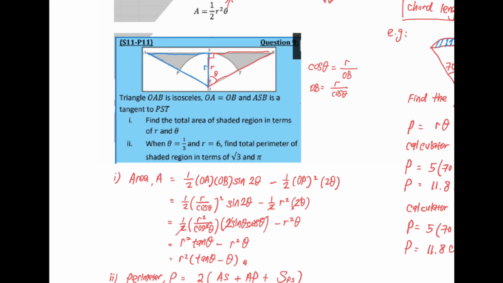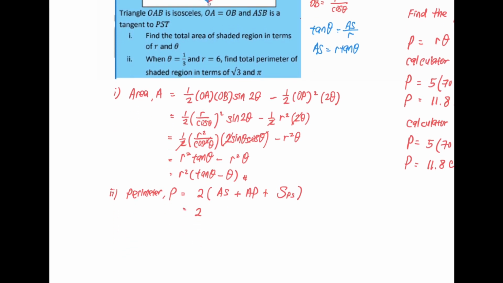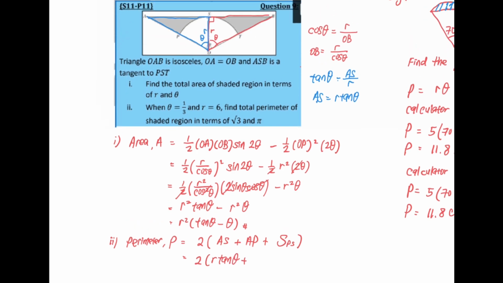And we know this is R. So to find out AS, we have to use tangent. Tangent theta equals opposite over adjacent. So AS over R. So we get AS as R tangent theta. So that's AS. So we write it here. R tangent theta. Then we have AP.